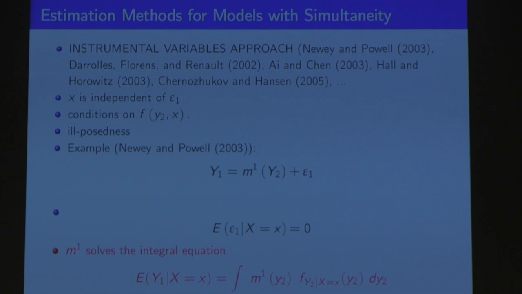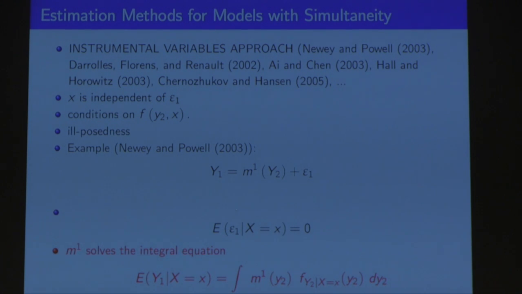Then we can write the expectation of y1 given x as the expectation of m1 of y2 given x, and the expectation of epsilon 1 given x is 0. So basically we're interested in this function, and we have this integral equation.